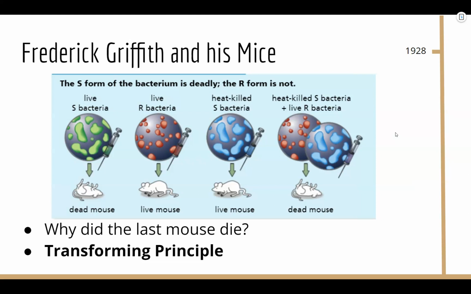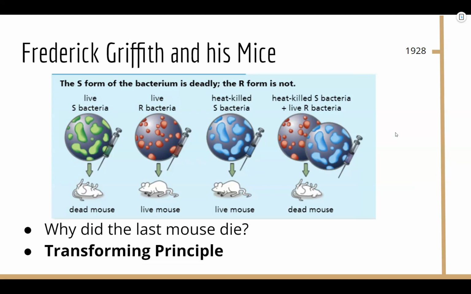Because the R bacteria is harmless. But then he took the dangerous bacteria and exposed it to heat and it died. So he killed the bacteria and then injected that killed bacteria into the mice and the mouse lived. So if the harmful bacteria is killed before it's introduced to the mice, then the mice are fine, right? Because it's just dead bacteria.